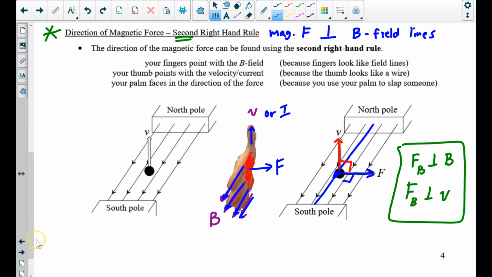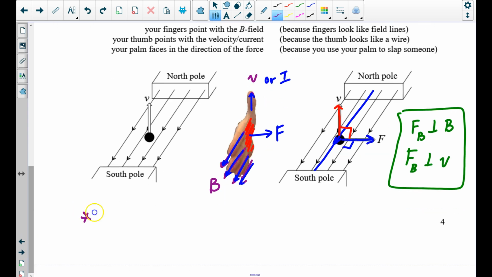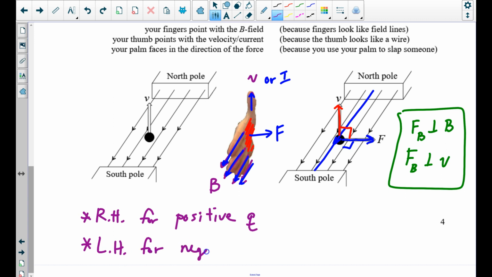This right-hand rule is what we use for positive charges, or if they just say for current. If you are dealing with negative charges, simply use your left hand, if they say an electron is moving.